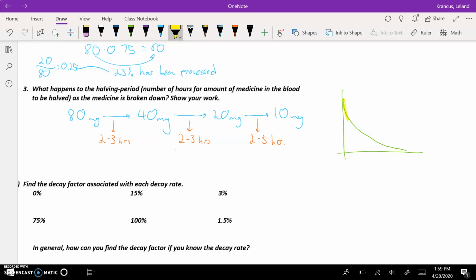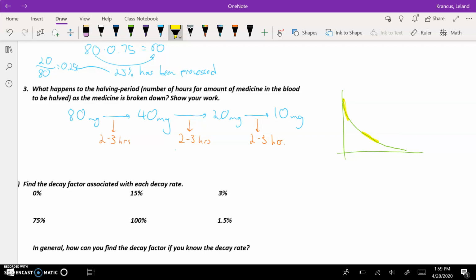You think going from 40 to 20 would go faster because it only has to go down by 20 milligrams, not by 40. But even though it has a smaller amount to drop to cut in half, your line has a flatter slope, so it's not going as fast. Just like before, those two things balance out.